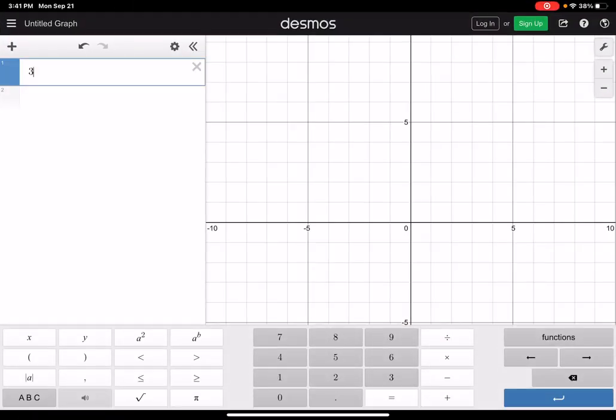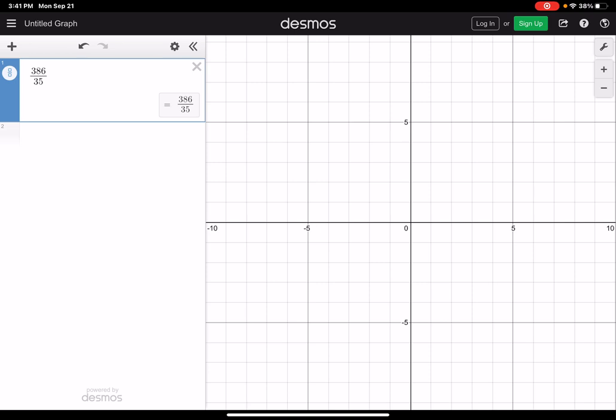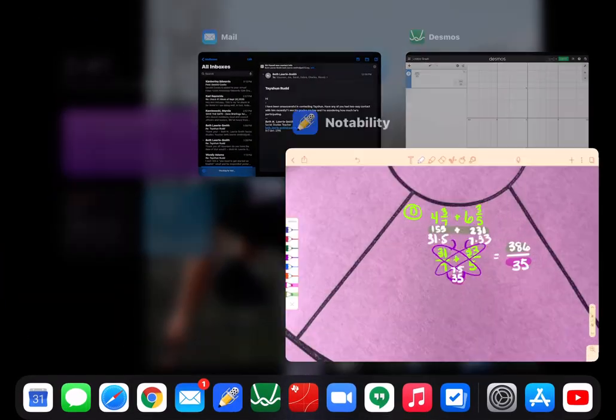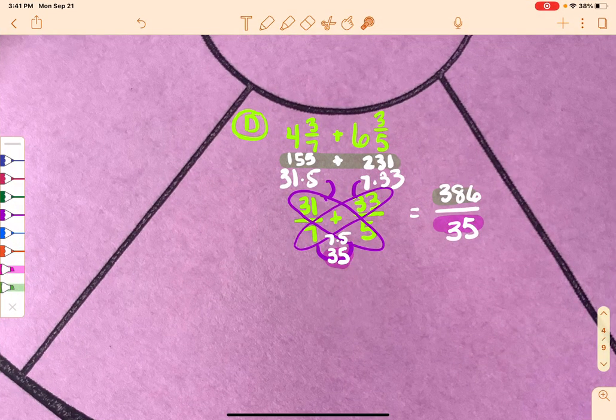So 386 divided by 35. And I can see the fraction doesn't change, so it's reduced as much as it can be. But because the top is larger than the bottom, we're going to have to divide it out.